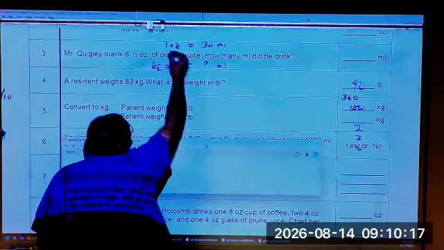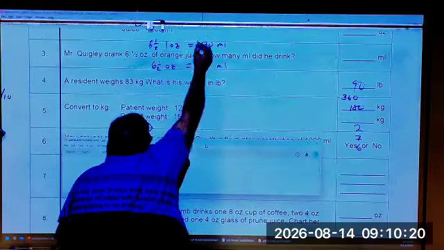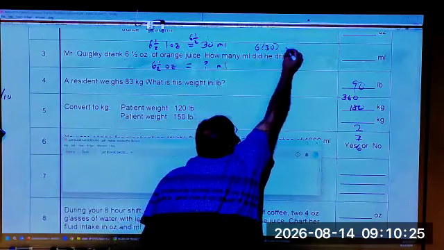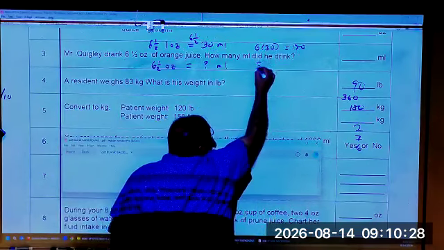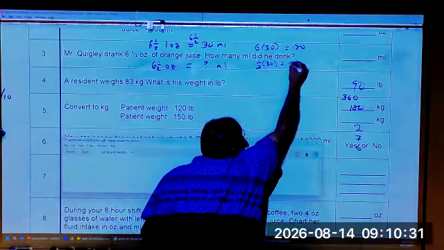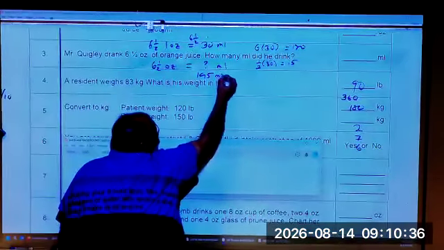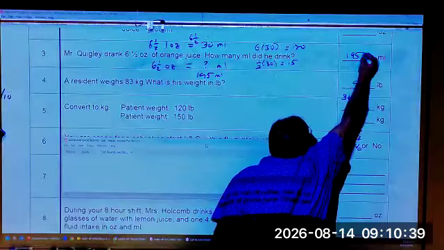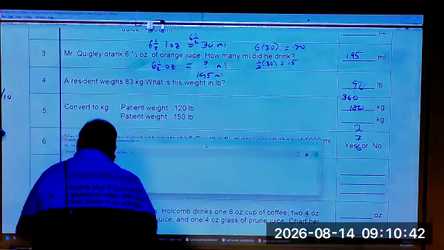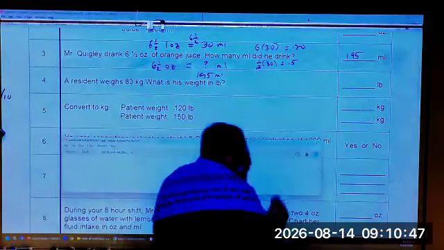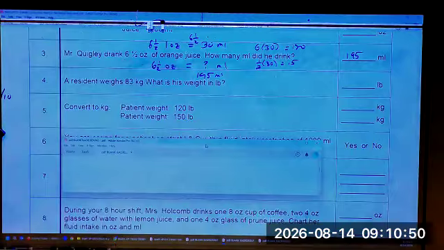So I'm going to multiply by 6.5. 6 times 30 is 180. 1/2 of 30 is 15. So 180 plus 15 is 195 milliliters. Does that make sense? 6.5 times 30: 6 times 30, and then the 1/2 times 30, and add them.